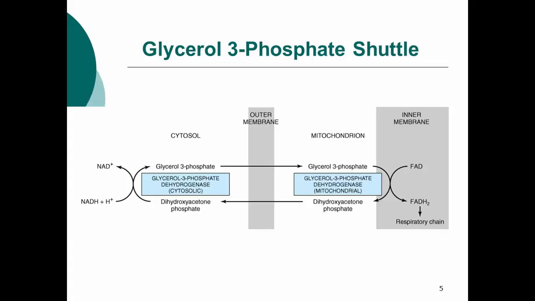Glycerol 3-phosphate is able to transfer electrons from NADH in the cytosol to FADH2 in the mitochondria. So it is FADH2 in the mitochondria that goes to the electron transport chain for ATP production.